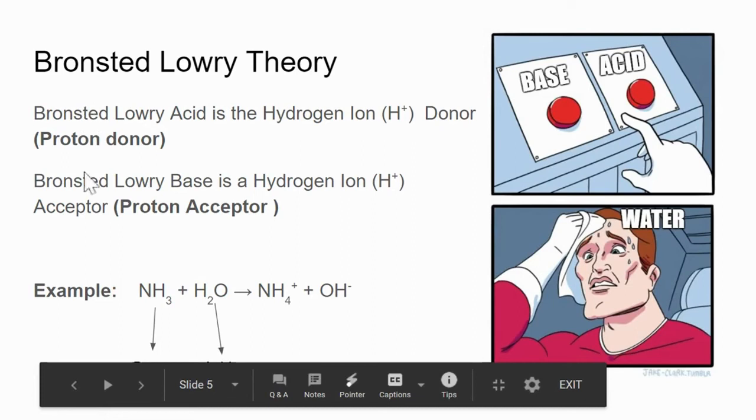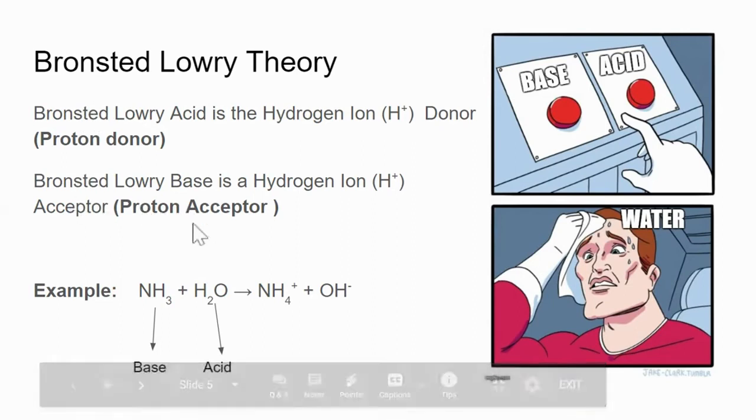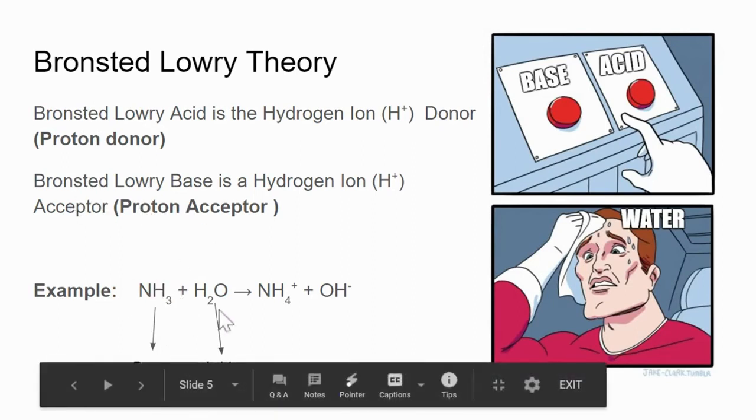And under the Bronsted-Lowry definition, that makes it a base. So this NH3 is a base. Where did that proton come from? It came from this H2O. And since H2O gave away a proton and became OH minus, it got rid of that H plus proton, so this is classified as an acid because it's a proton donor.